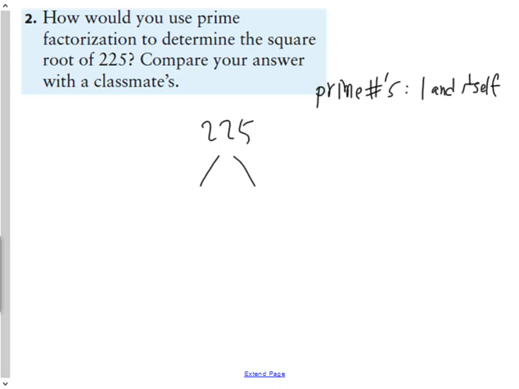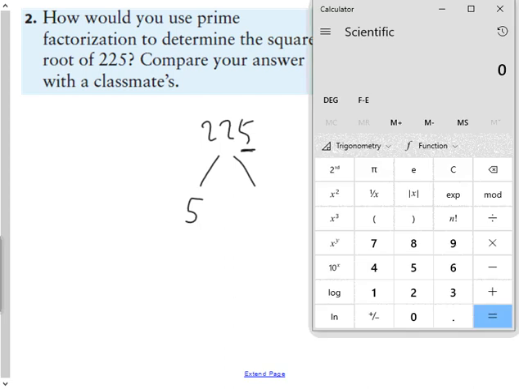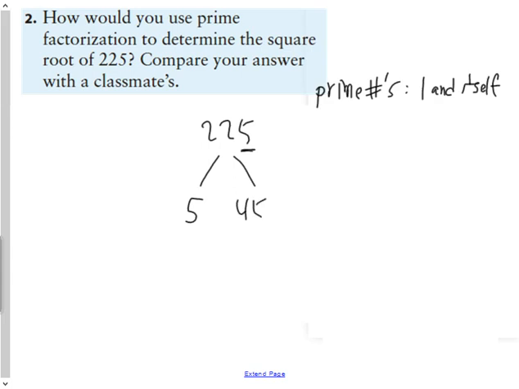So what we want to do is figure out ways to multiply to get 225. And because 225 ends in 5, going back to grade 7 when you learned divisibility rules, you know that that means that 5 is divisible into 225. So 5 times what is 225? I can reverse it and use division. 225 divided by 5 tells me it's 45, which means that 5 times 45 is 225.